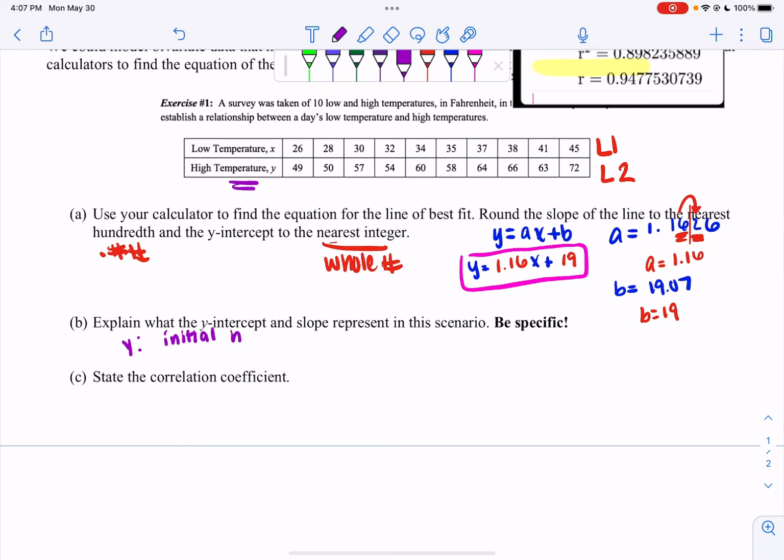Initial high temperature of 19 degrees. And then my slope is 1.16. That's basically telling me that my temperature is increasing at a rate of 1.16 degrees per day.